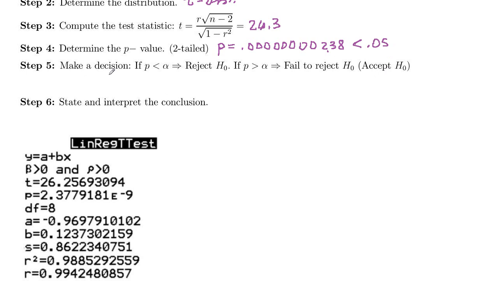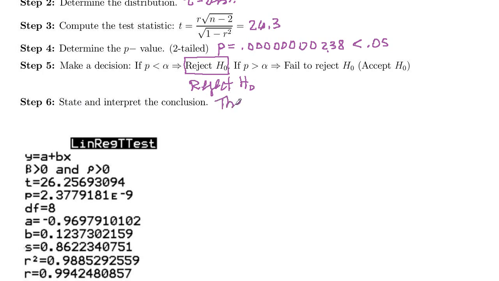So now we make our decision, p less than alpha, which is what happened here. We're going to reject H0. So our decision here is to reject H0. And now we'll go ahead and state and interpret our conclusion.